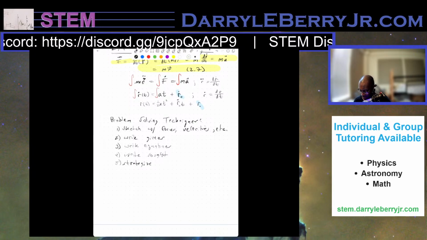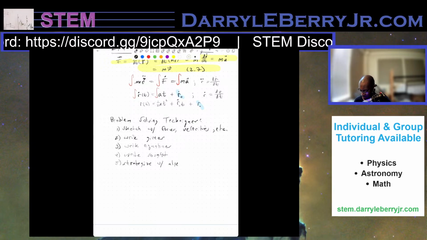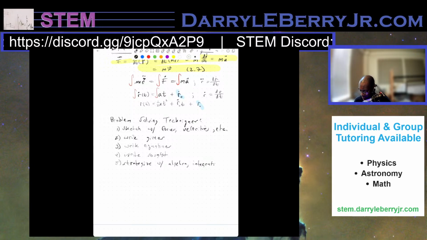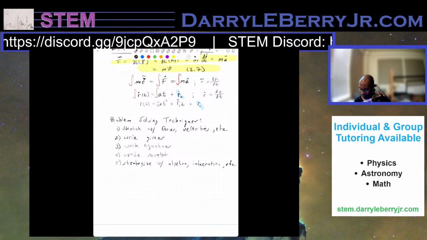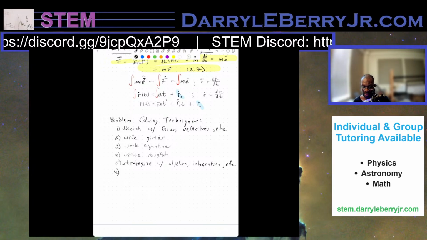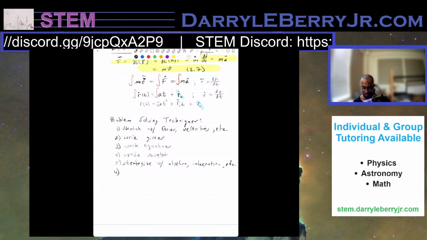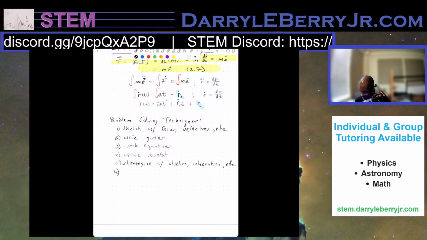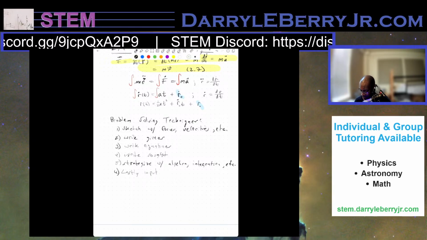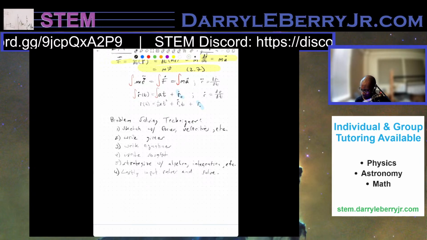And 6, finally put in the actual values for the assumed variable names to determine the quantity sought. Lastly, input values and solve. All right?